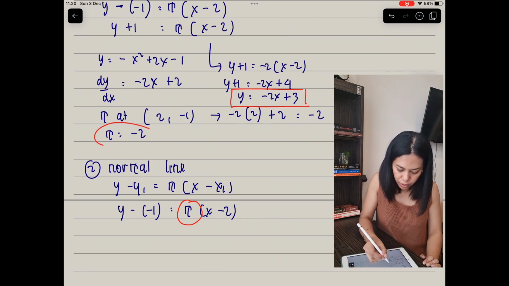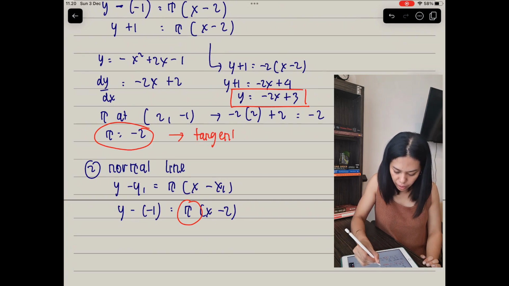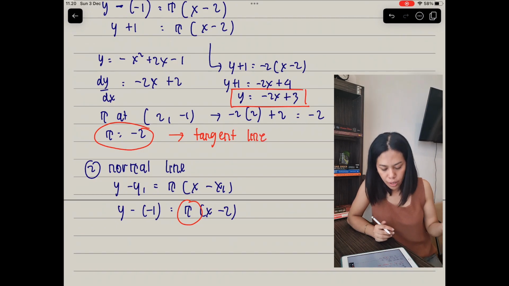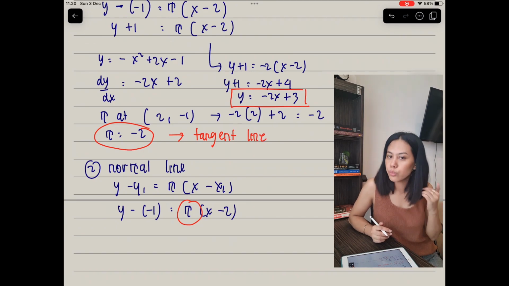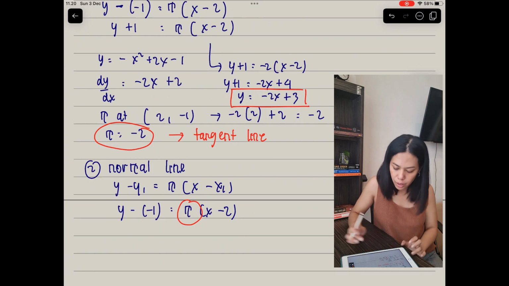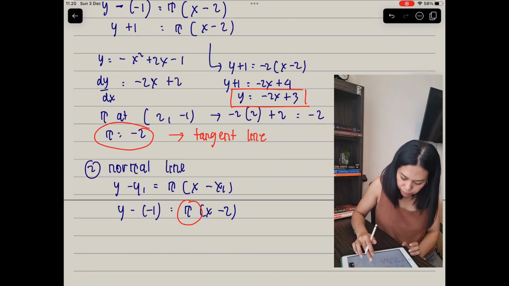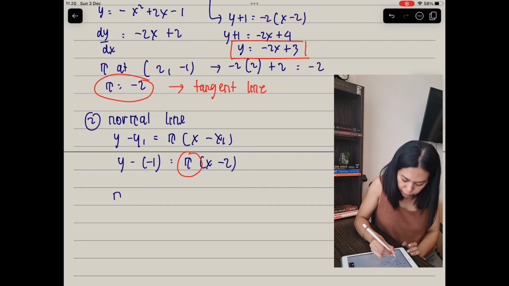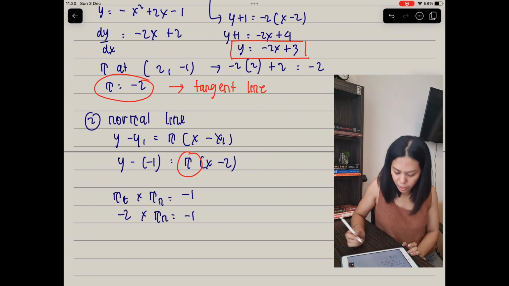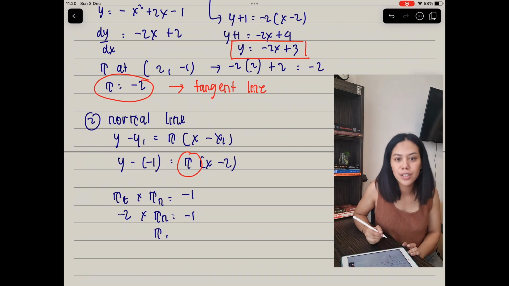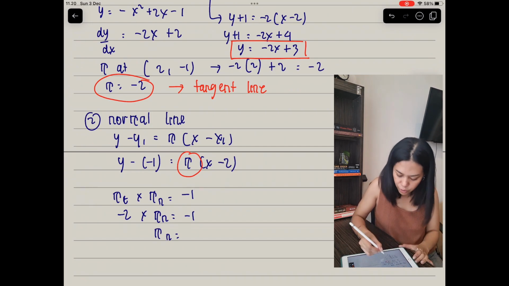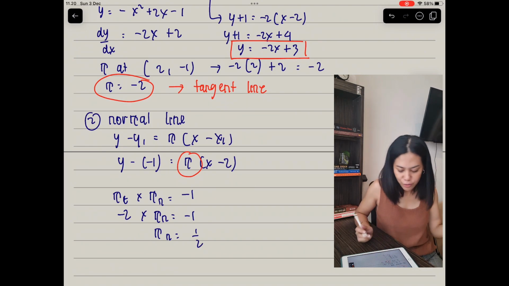So m tangent times m normal equals negative 1. The m tangent is negative 2, times m normal equals negative 1. So the m that belongs to the normal is half, because negative 1 over negative 2 is half. Got it? We just have to put it in the formula.